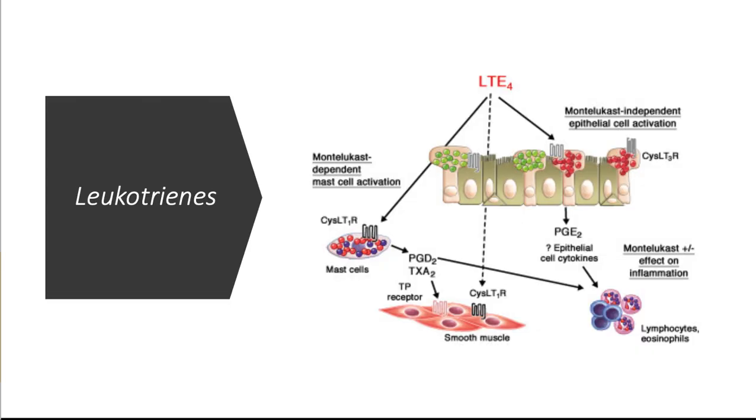Leukotrienes are produced in leukocytes and mast cells by the action of lipoxygenase and are involved in vascular and smooth muscle reactions and leukocyte recruitment. The synthesis of leukotrienes involves multiple steps, the first of which generates leukotriene A4.